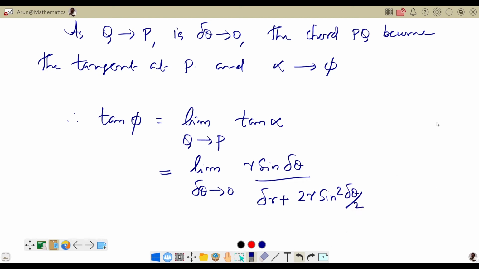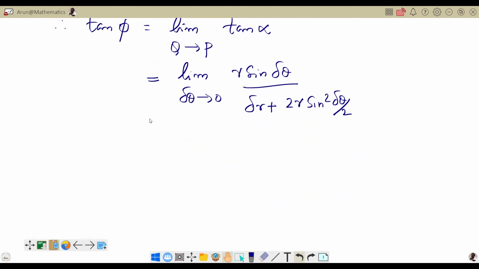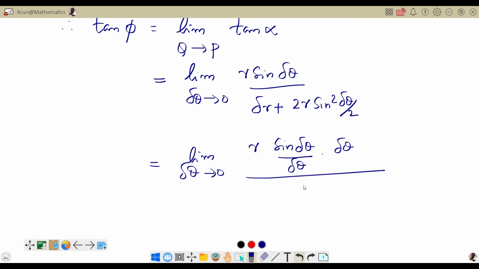Now we have to evaluate this limit. So this is equal to limit delta theta tends to 0 of r sine delta theta divided by delta theta into delta theta, divided by delta r plus 2r sine delta theta by 2 into sine delta theta by 2.